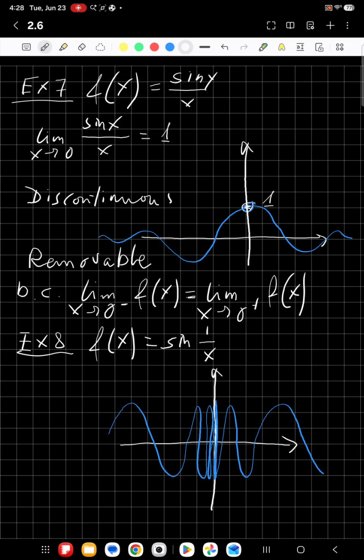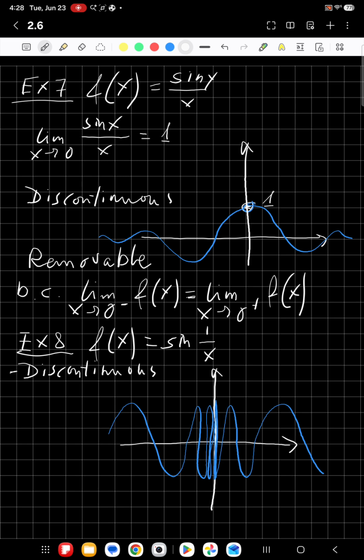this function is discontinuous. Even though there's no obvious break in the function, it's still discontinuous. And it's not removable.